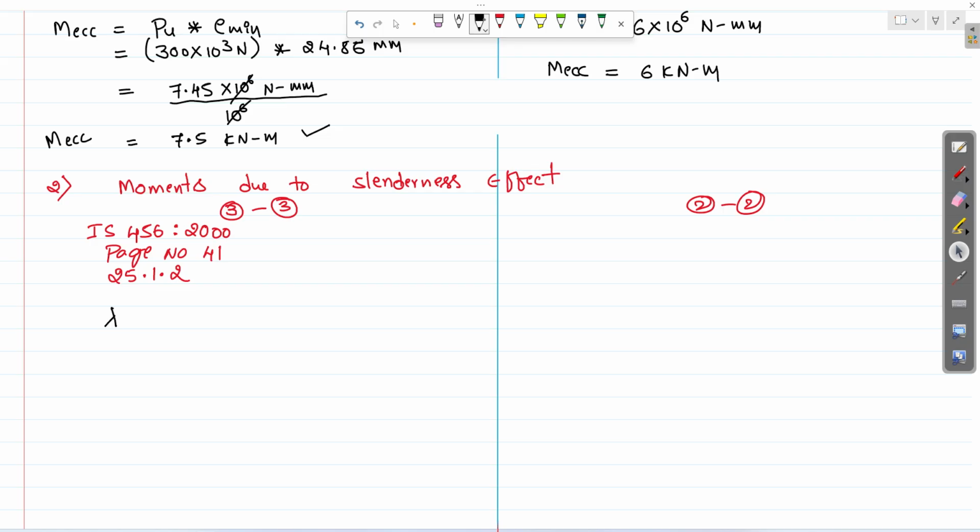So slenderness ratio lambda equals L effective divided by D. Okay. So L effective will be calculated as K multiplied by L unsupported.